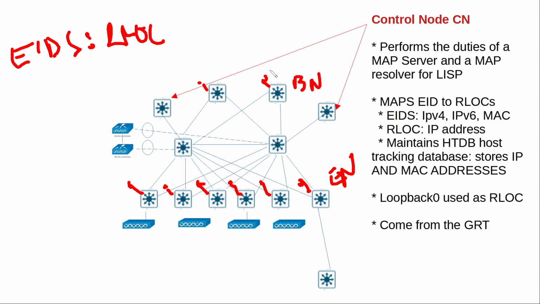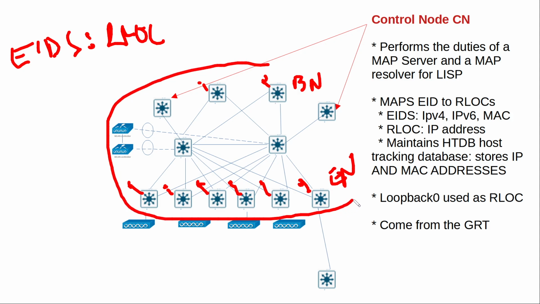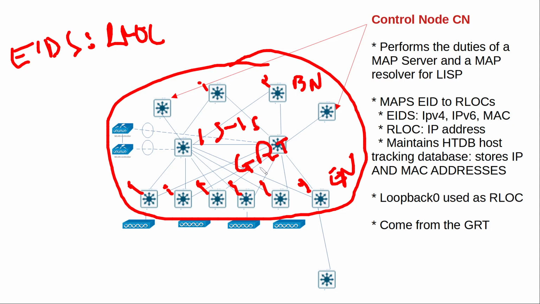And remember that I have a routing protocol running on the underlay that is storing all this information that comes from these devices in a global routing table. So I'm going to use the loopback IP addresses that correspond to edge nodes and border nodes, which are advertised through a routing protocol in the underlay and placed into the global routing table, to use them as the RLOCs.